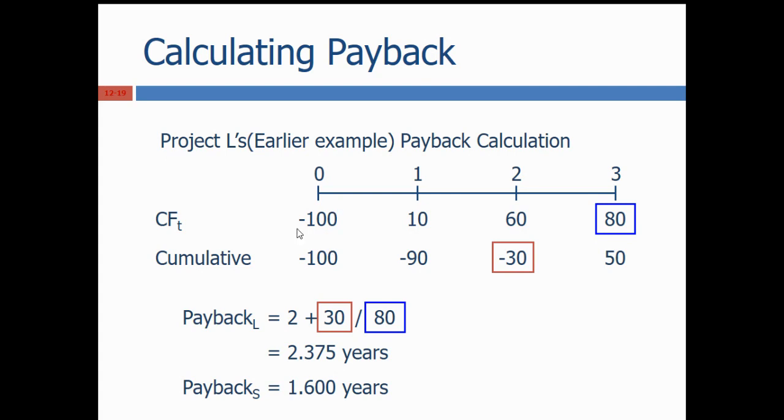Our whole idea is how soon you recover the cash outflow. So in the first year you recovered 10, therefore you have 90 remaining. In year 2 you recovered 60, therefore you have 30 remaining. When did you recover the 30? In year 3.